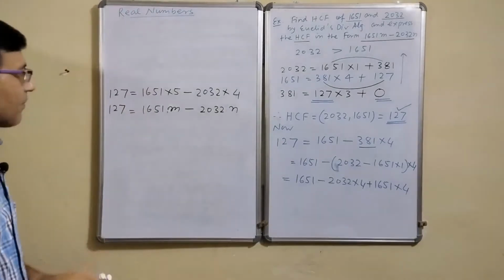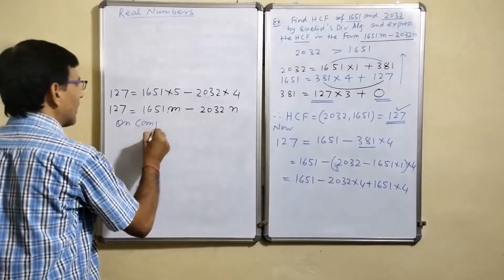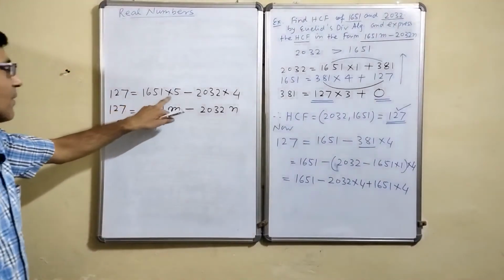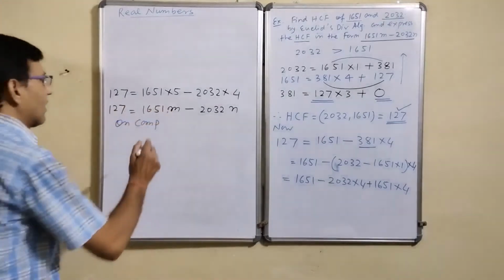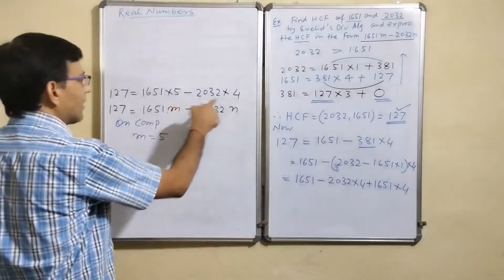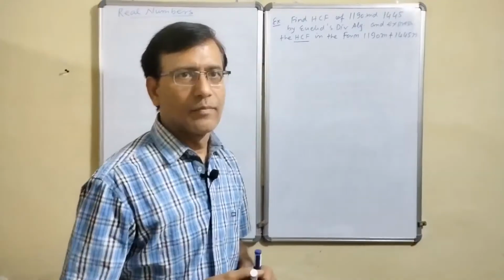So now compare it. On comparing, what will you get? 1651 multiplied by 5. So therefore, on comparing, what we will get? m is equal to 5 and n is equal to 4.